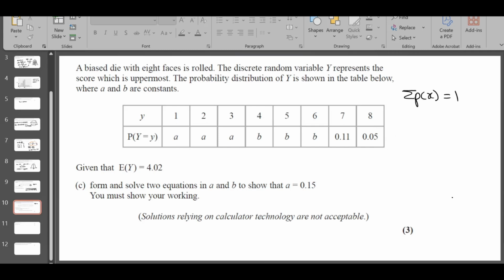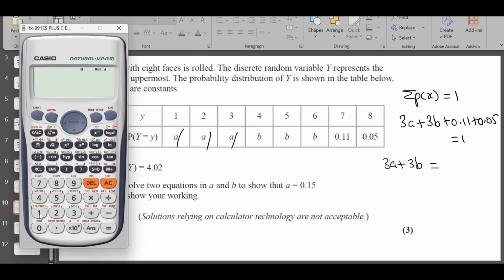So when you add, 3a plus 3b plus 0.11 plus 0.05 is 1. So 3a plus 3b is equal to 1 minus 0.11 minus 0.05.